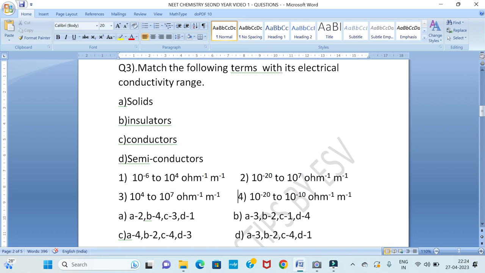Learn with the creativity method. Next, conductors. Conductors: 10 to the power of 2 to 10 to the power of 7. So, D, G. How can you remember? So, I am here taking conducting a celebration.